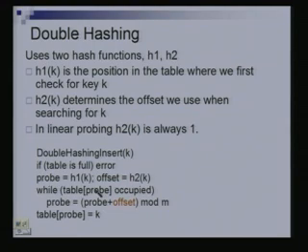If this is also occupied, then the next location is again probe plus offset. So offset determines how much distance I advance every time I don't see the element that I am searching for.